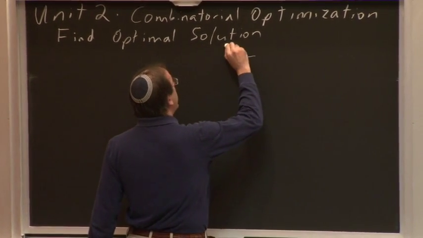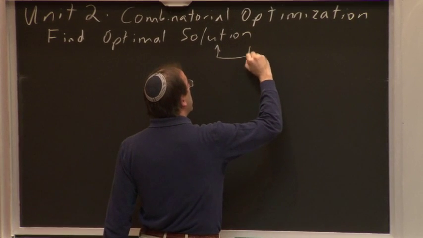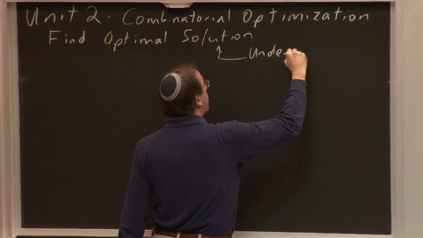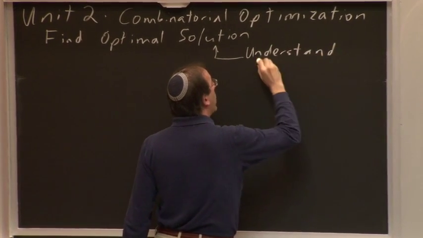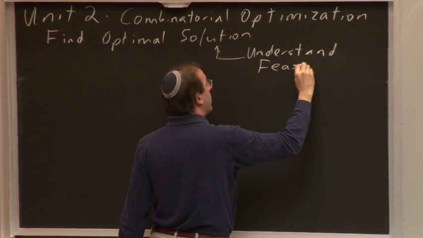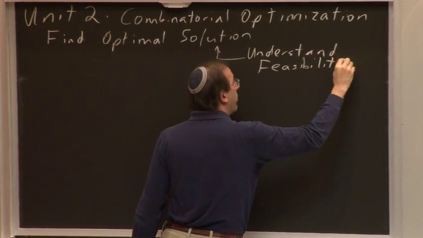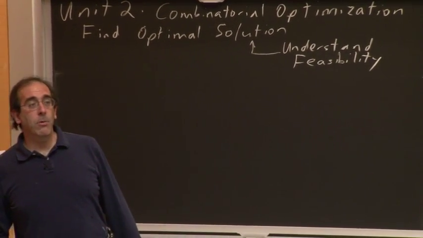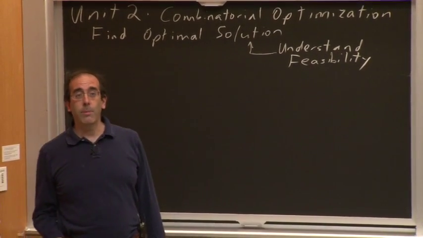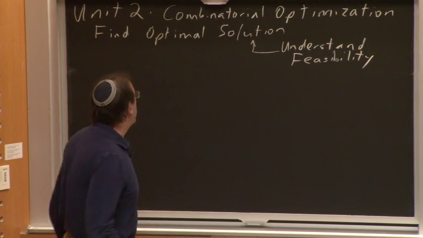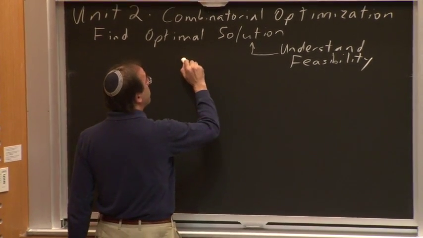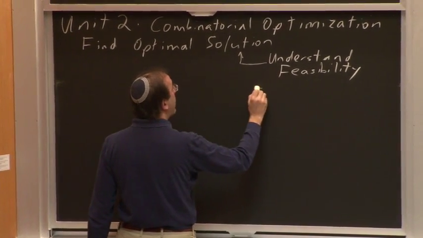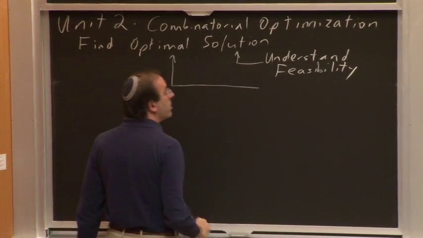So the first piece, from solution, is about understanding what are the feasible solutions. So in the shortest path problem, you have to understand what a path is before you can start talking about shortest paths, right? Once you understand what the feasible solutions are, the next step is generally to understand optimality.